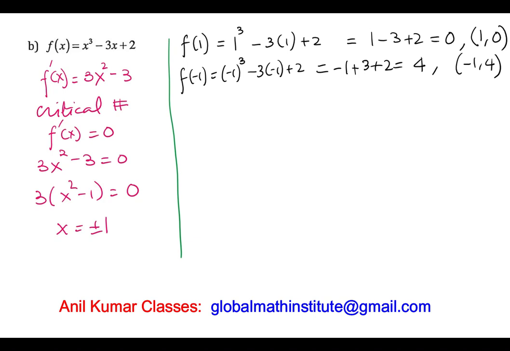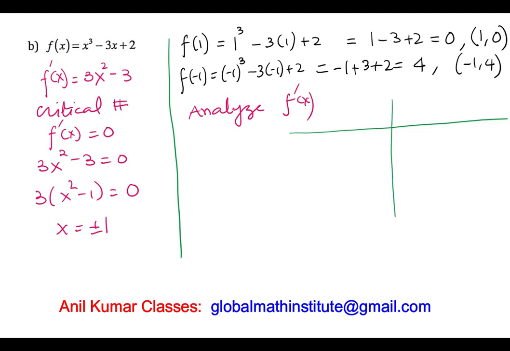And now we will analyze the first derivative. To analyze the first derivative, we know that we have an interval defined by two critical numbers, at plus and minus 1.